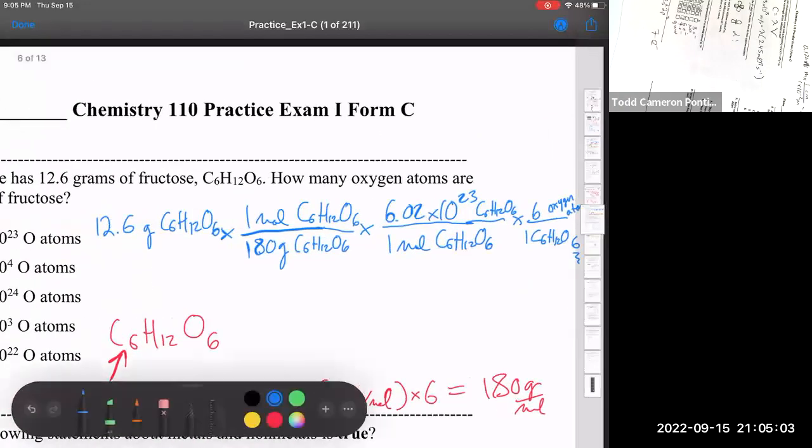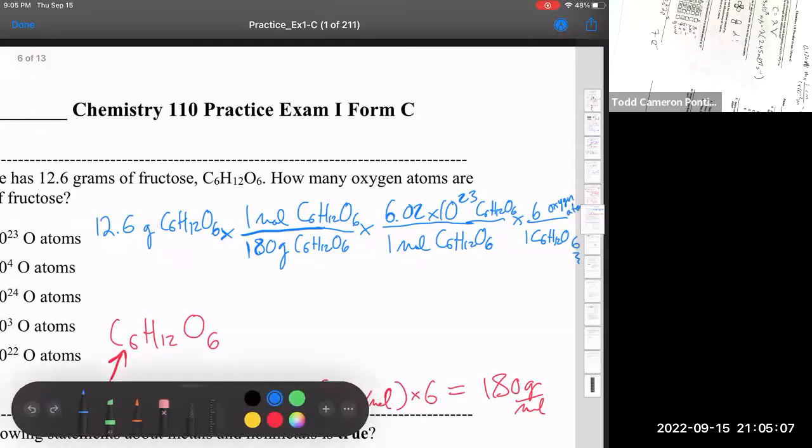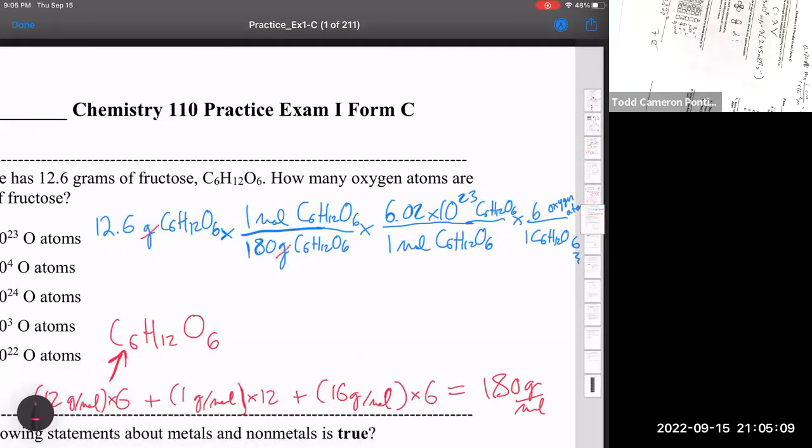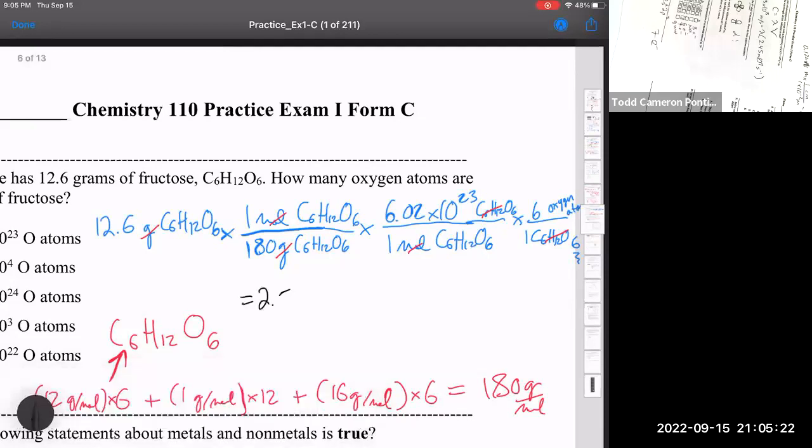And then when we do this, grams cancels out, moles cancels out, molecules cancels out, and we're left with oxygen atoms. This ends up equaling 2.53 times 10 to the 23rd oxygen atoms.